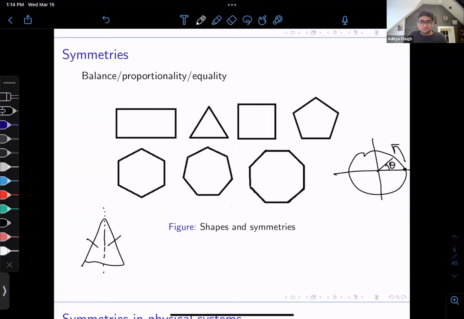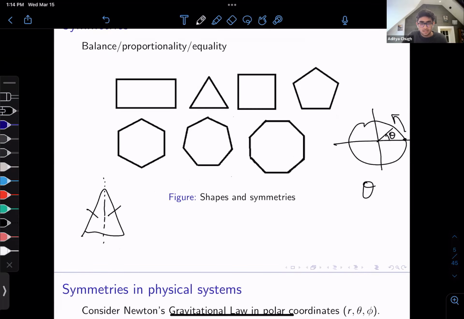But theta ranges over a whole continuum of values. So there's a much nicer symmetry here. It's a continuous symmetry. You've parameterized your symmetry by this variable theta, and theta could be 0, pi over 2, a rotation of 90 degrees, 180 degrees, 360 degrees, and so on.